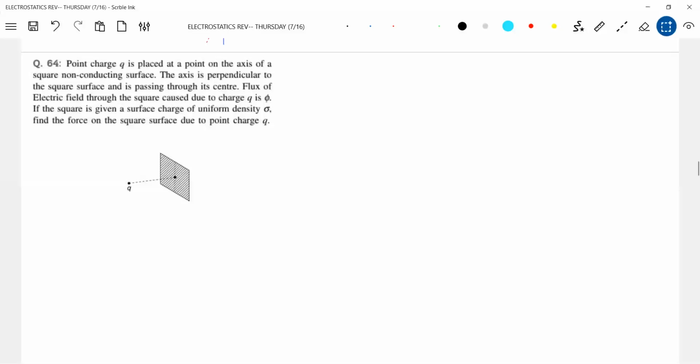For a disk, we know it. For a ring, for a plate. Even for a triangular plate, we have a separate formula, the solid angle one. Like that I gave some solid angle idea if a point charge is placed near a rectangular plate or a square plate. What is the solid angle subtended? Once you know the solid angle, you can go for the flux linking it. But it's asking something else: find the force on the square surface due to the point charge Q. It is a non-conducting one.